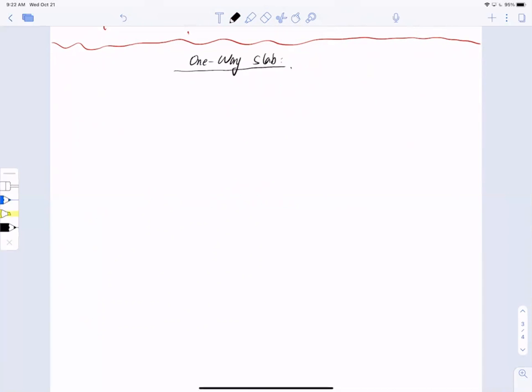Okay, one-way slab. All right, so first of all, what is one-way slab? Now let's take a look.